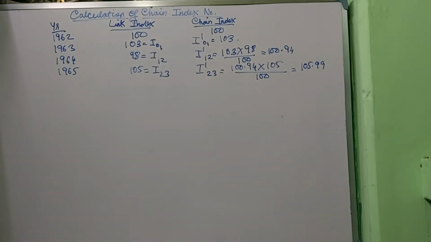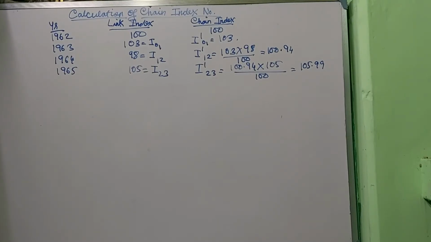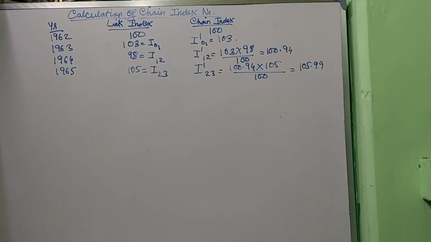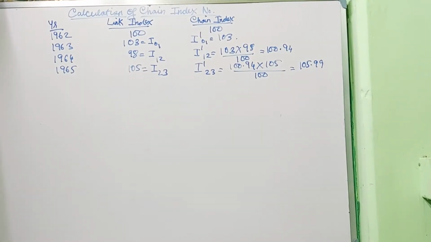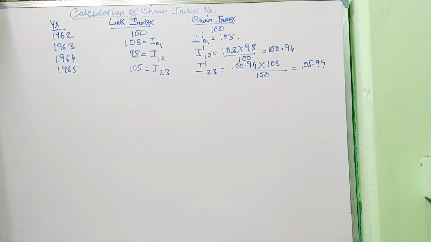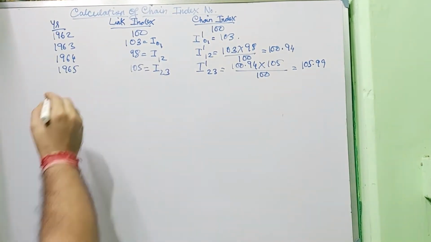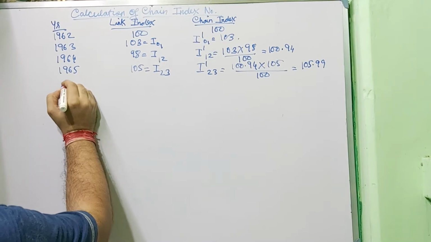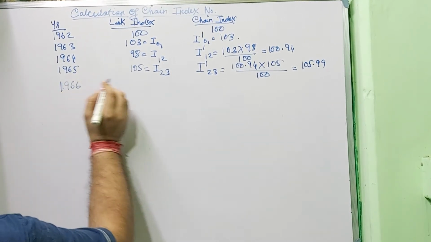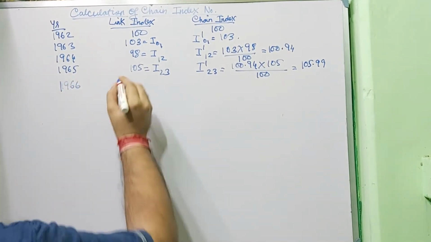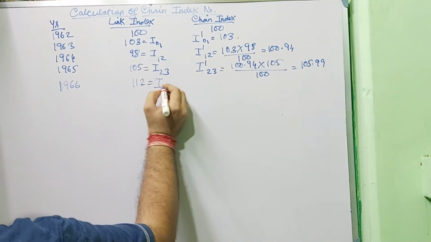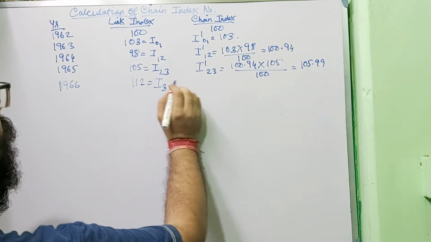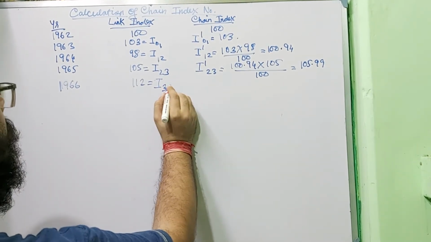Same case for 1966, right? 1966 is provided 112, so it will be I34, that is C4, sorry.